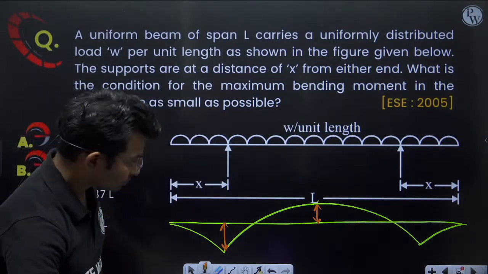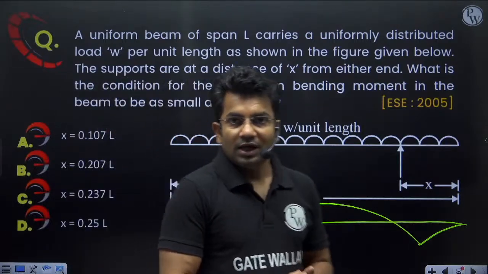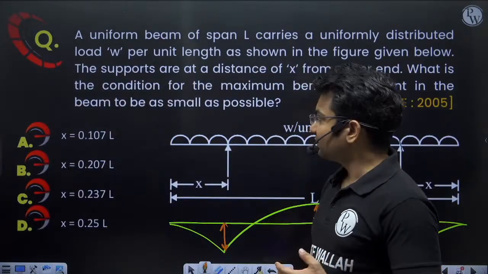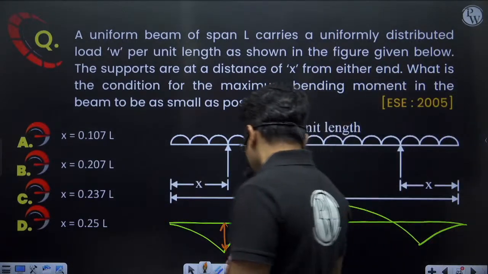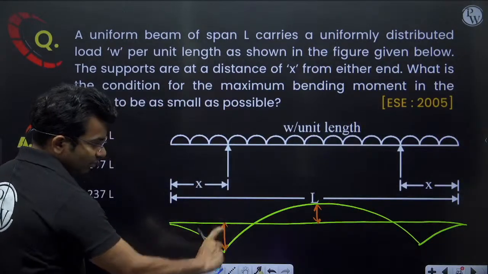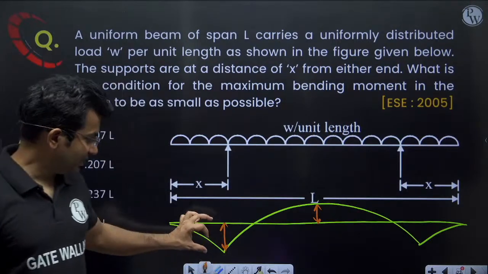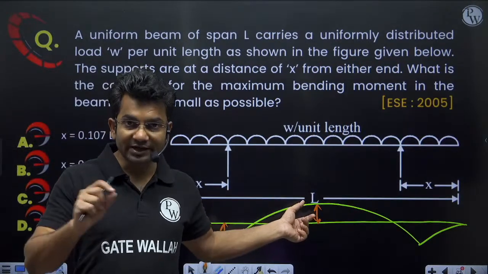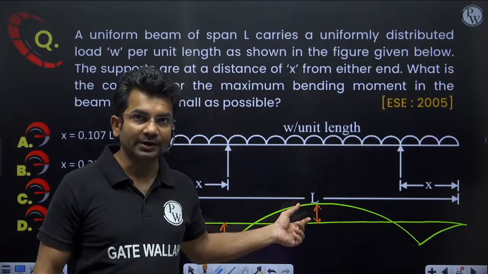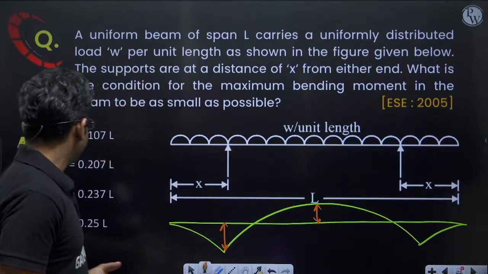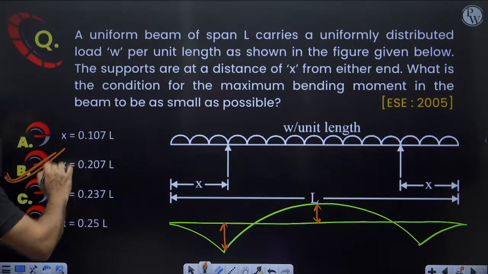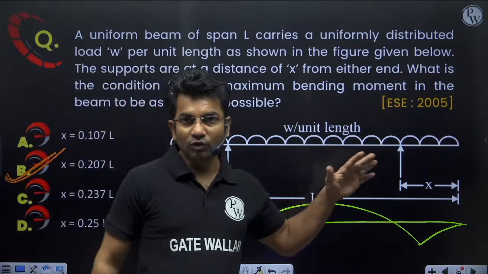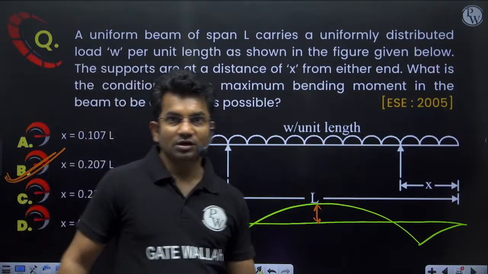Now, have you understood what is the condition? That the maximum bending moment will be as small as possible when the magnitude of the maximum negative bending moment is equal to the magnitude of the maximum positive bending moment. Now, if I solve this, I will be getting x equal to 0.207 L. Just tell me if you want me to derive this.